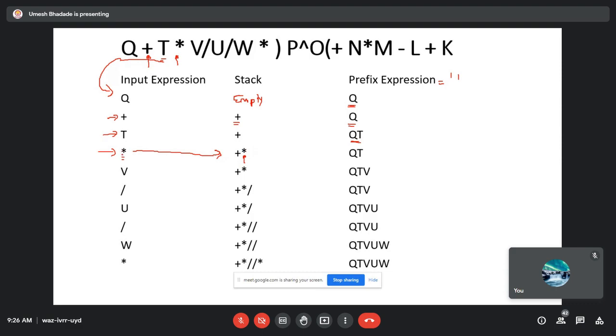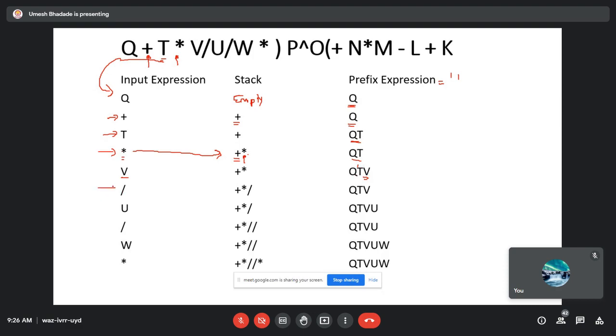If the input operator precedence is higher than the operator which is on the top of the stack, then we will push this star onto the stack. So your stack will become now plus star, and your expression will remain qt. Now you are reading another symbol v. So simply you are going to add the symbol v to the prefix expression, qtv.